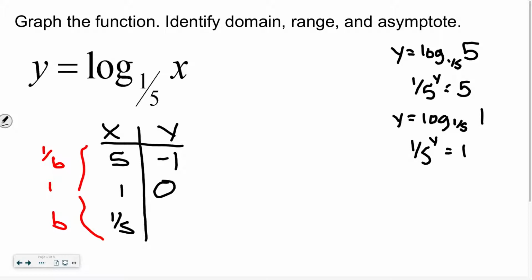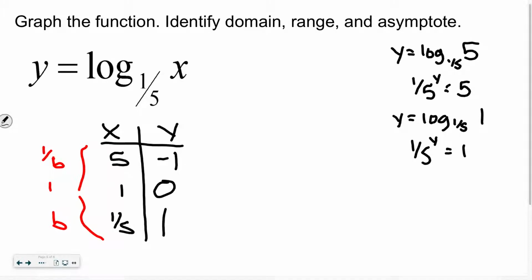And the next one's going to be 1, because log base 1/5 of 1/5 is 1/5 to what exponent equals 1/5. If you choose 1 over b, 1, and b, you're always going to get, for these basic ones, -1, 0, 1. Because remember, it's the flip-flopped of what we did in the exponential function.